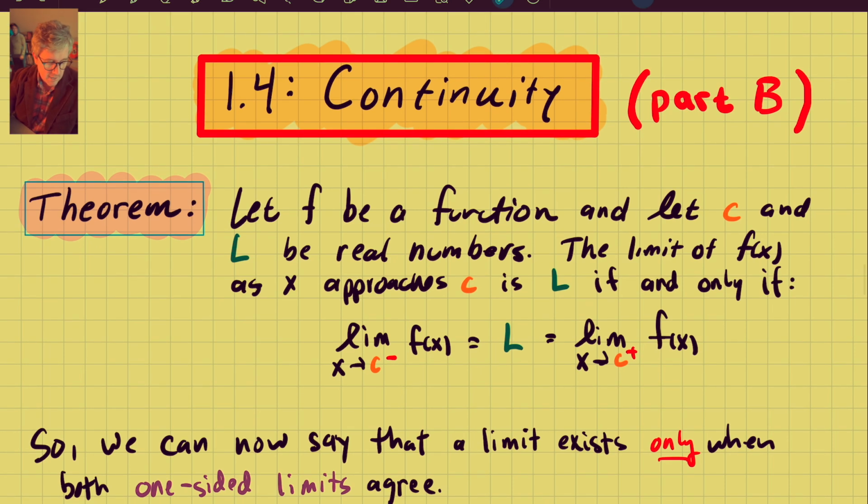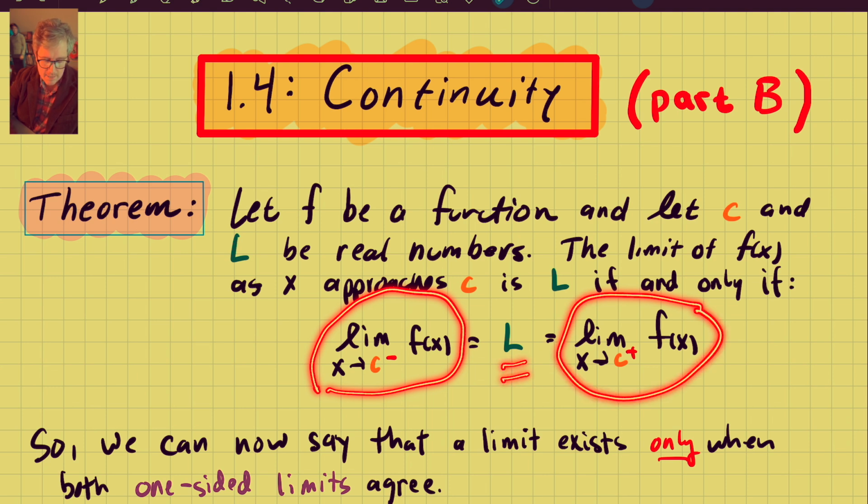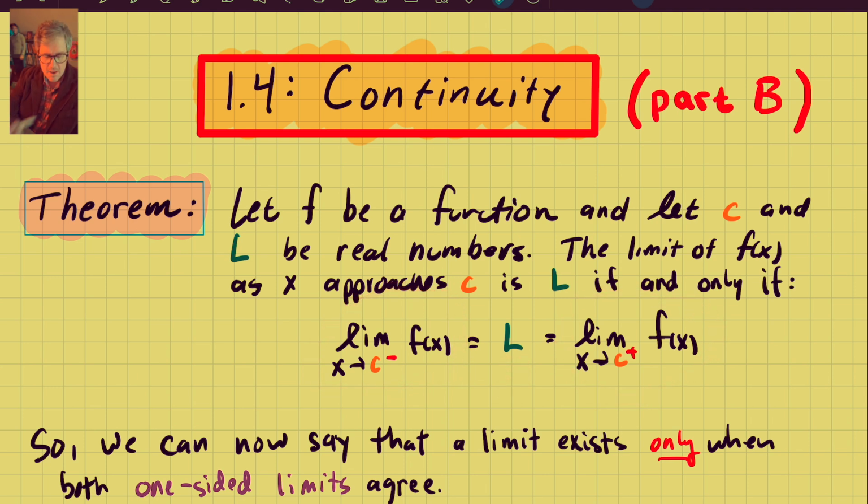So this theorem says, let f be a function and let c and L be real numbers. The limit of f as x approaches c is L if and only if the left-hand limit and the right-hand limit equal L. Okay, so we may have mentioned this before, but this is a theorem now that we have the idea of a left-hand limit and a right-hand limit.